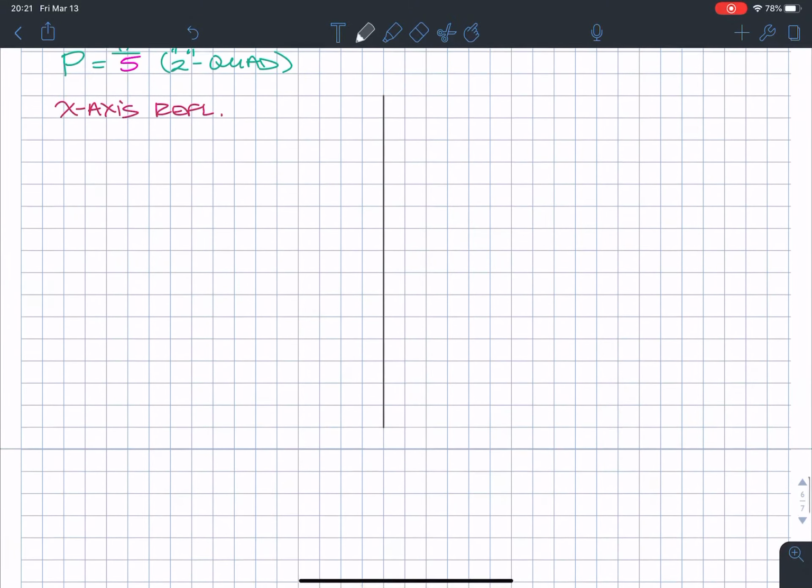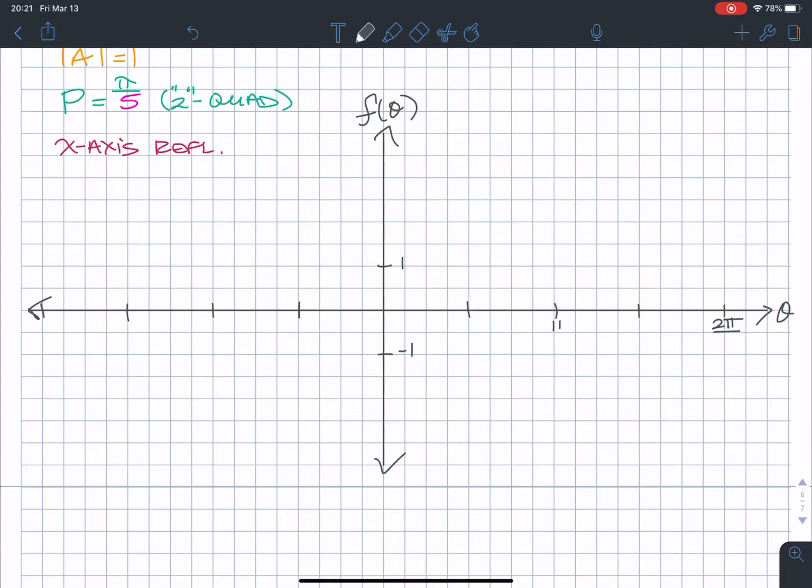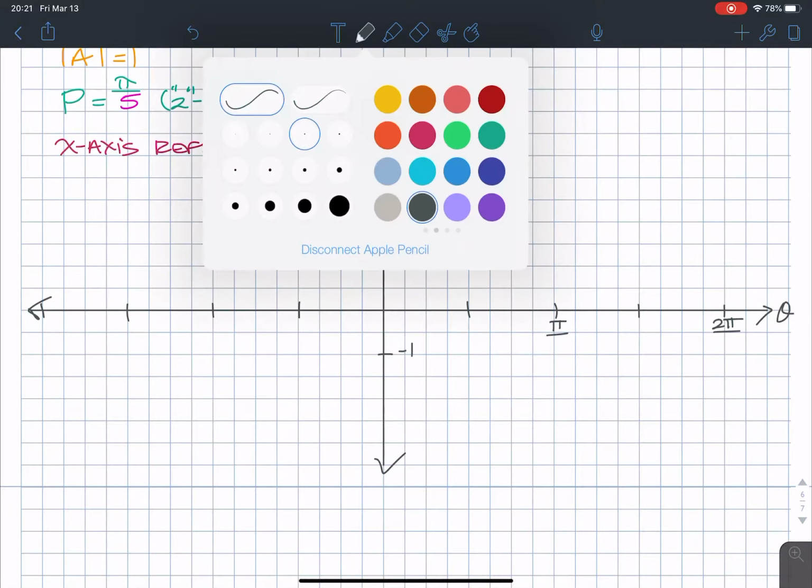So theta, f of theta, let's go 1, 2, 3, 4 parts, and 1, 2, 3, 4 parts to the left. My amplitude is 1. Okay, so this would normally be 2 pi for 4 quadrants and pi for 1 quadrant, but we're dividing that by 5.